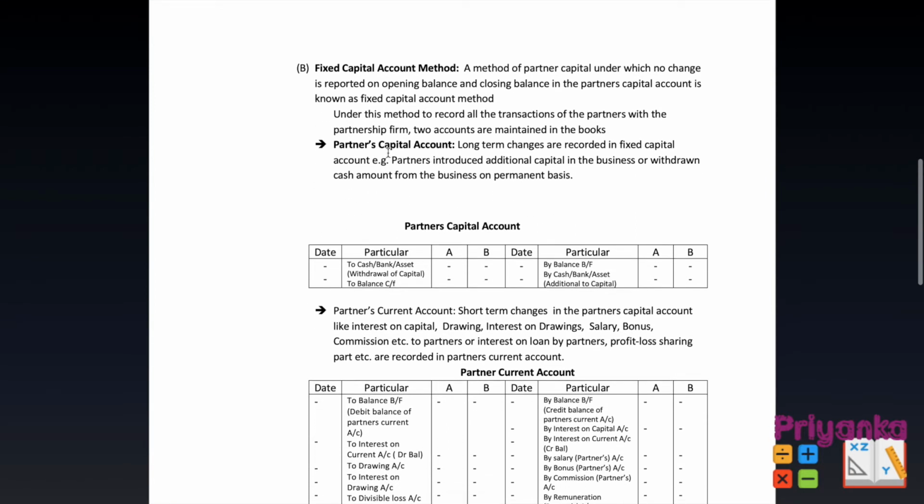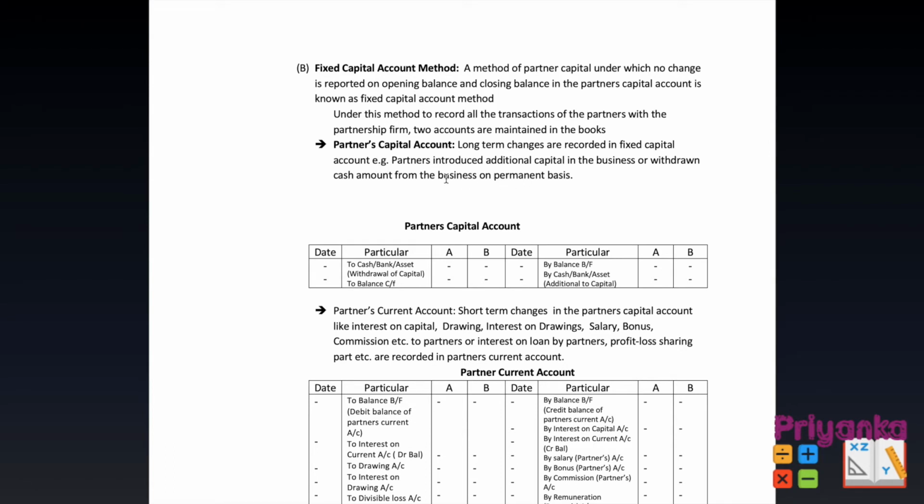First account is the partner's capital account and another one is the partner's current account. In the partner's capital account, long-term changes are recorded in the fixed capital account. Example, partners introducing additional capital in the business or withdrawing a cash amount from the business on a permanent basis.